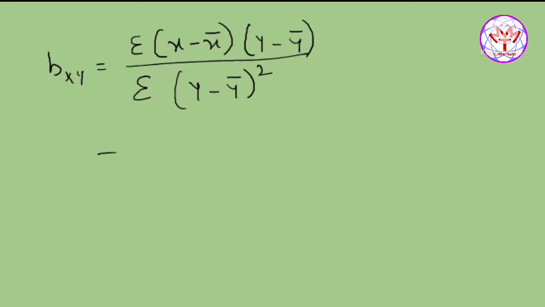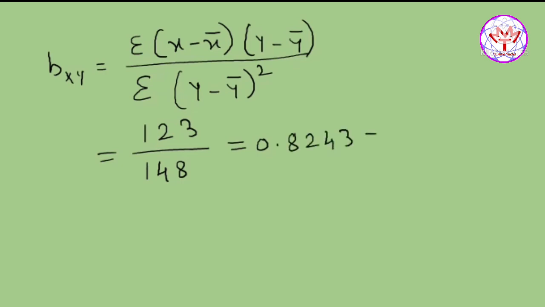So let us substitute the values. Now summation x minus x bar into y minus y bar is equal to 123 upon summation y minus y bar the whole square, which is equal to 150. So this comes equal to 0.8243 or we can write it as 0.82.